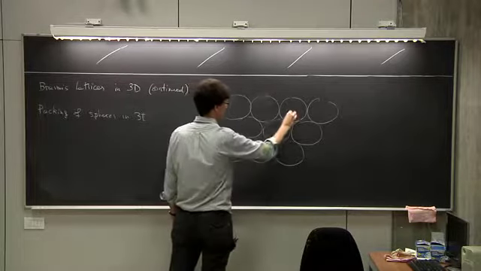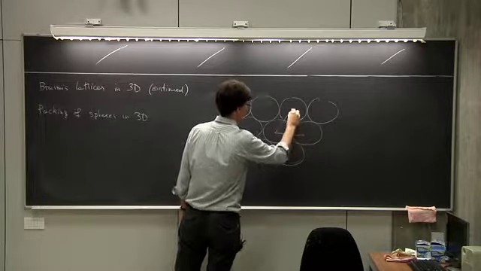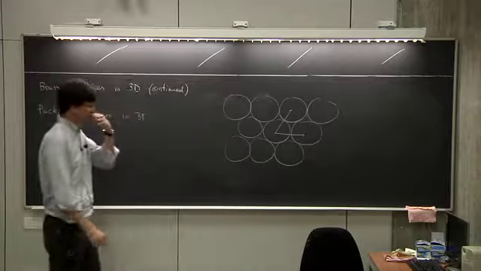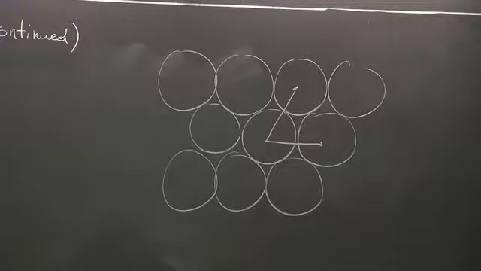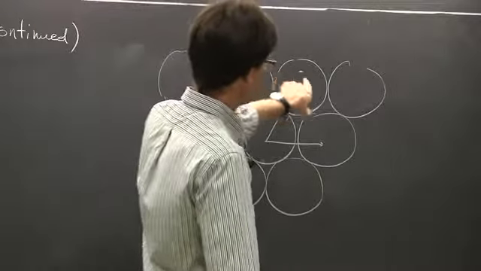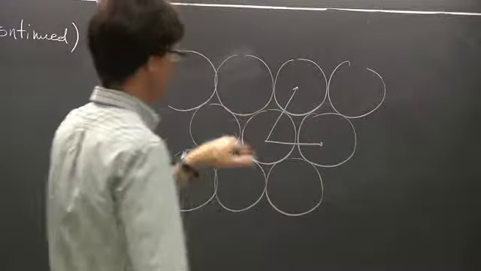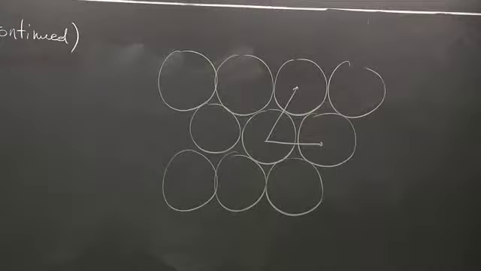And we realized that this is, in fact, a triangular lattice that generates, in principle, the whole system. So if we reduced all these spheres to a point, these points would lie on a triangular lattice. And that's the best way to pack spheres.